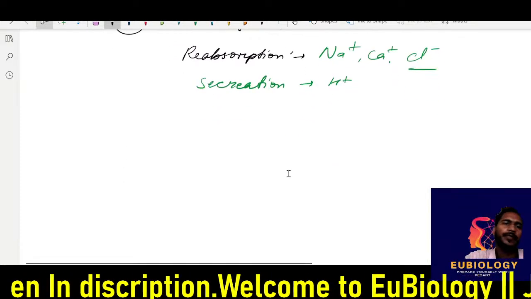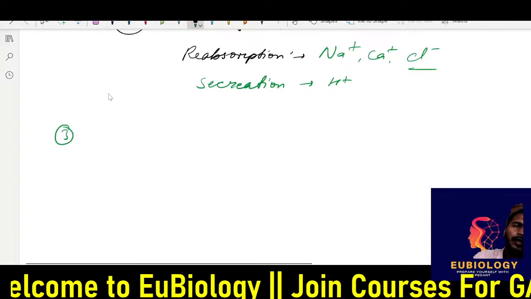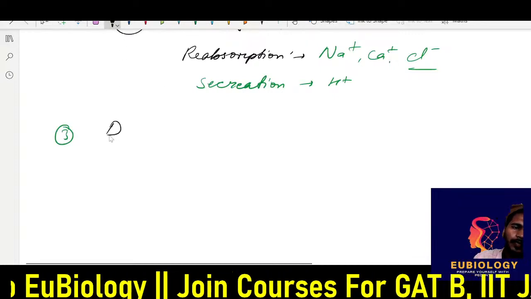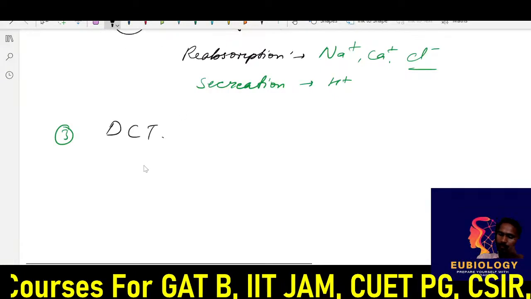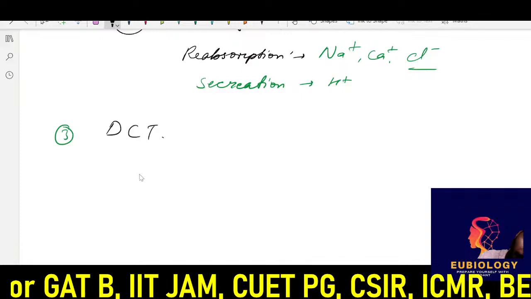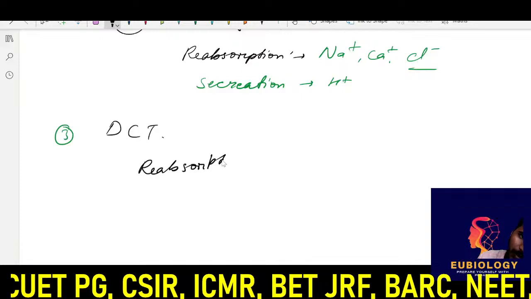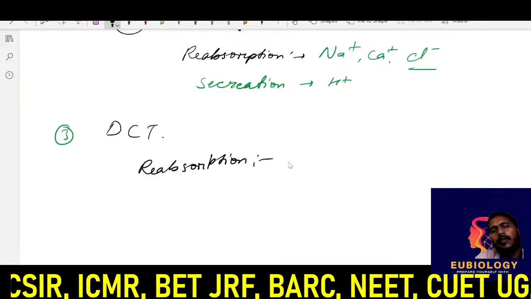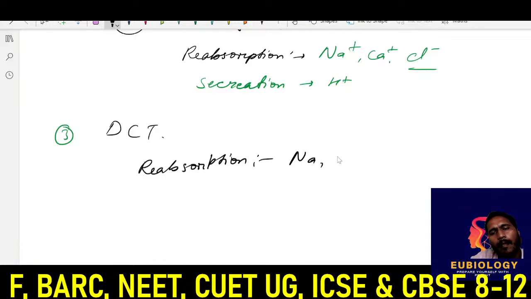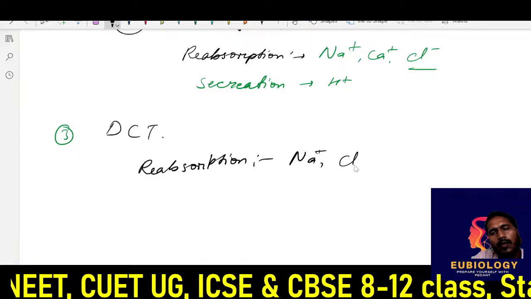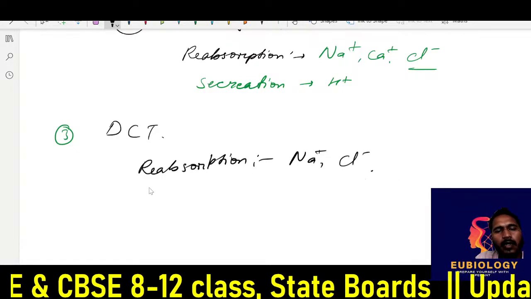Then DCT. DCT will be the third, distal convoluted tubule. In DCT, reabsorption will occur for sodium and chlorine and ions like these.